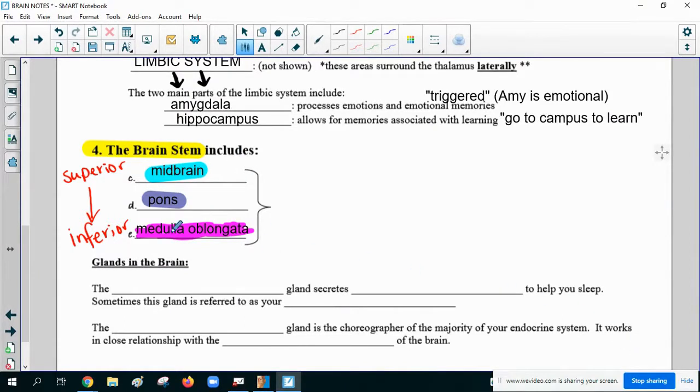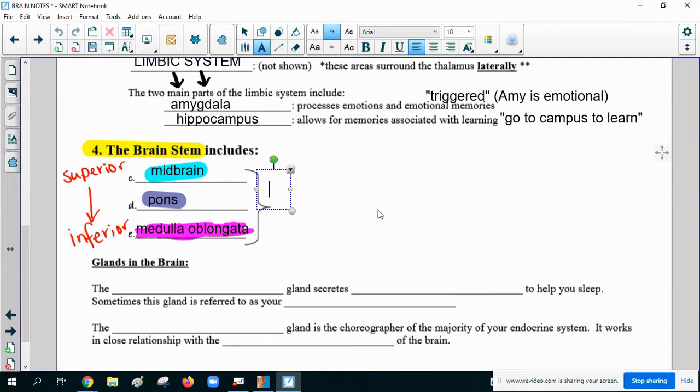Now, in terms of functions, notice this bracket here. We're not going to divide the functions into each individual piece. We're just going to talk about it as a whole unit, which is called the brainstem. So the brainstem is one of the deepest parts of the brain, along with the diencephalon, and it does some of the most basic life functions.